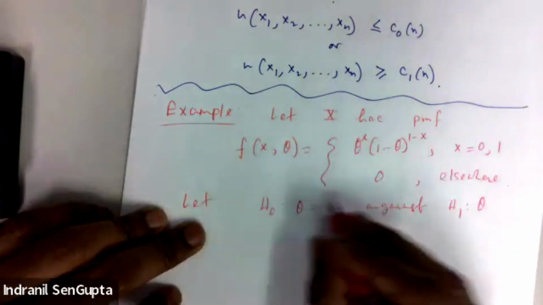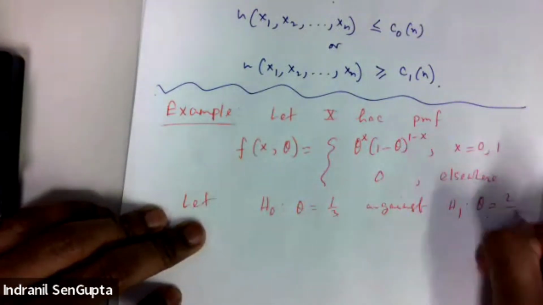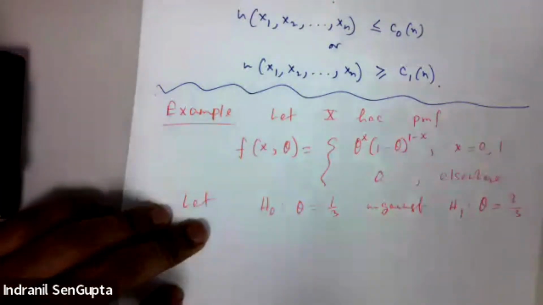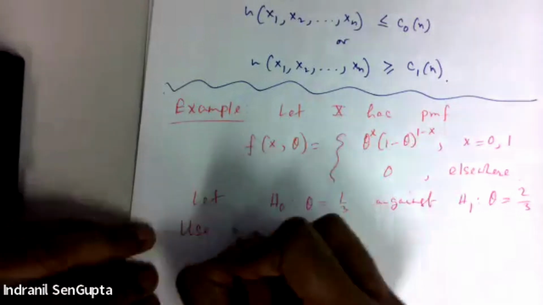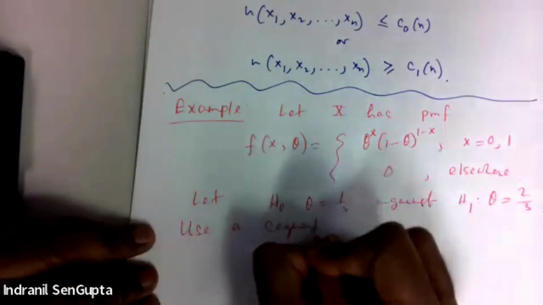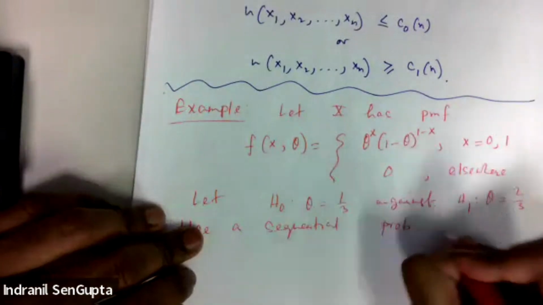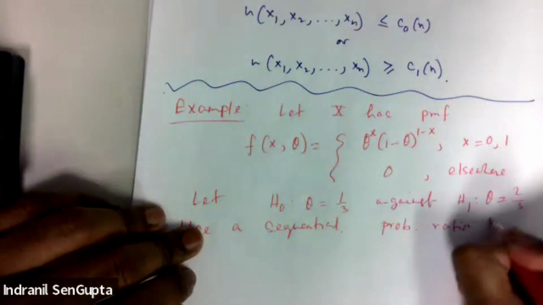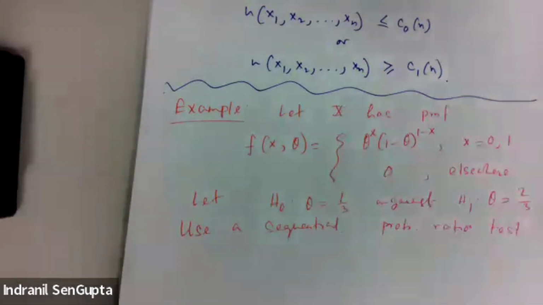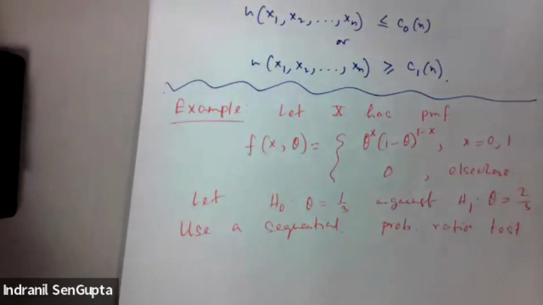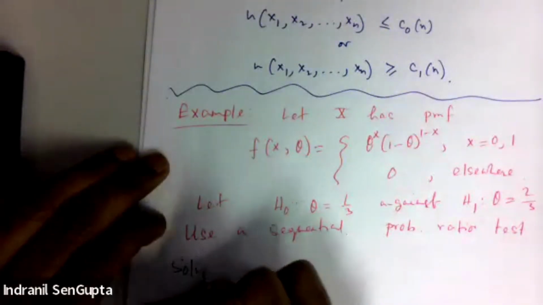Sorry, we're testing null hypothesis, theta equals to 1/3 against theta equals to 2/3. Okay. Use a sequential probability ratio test to reach the decision. Okay, so here is a tentative solution.